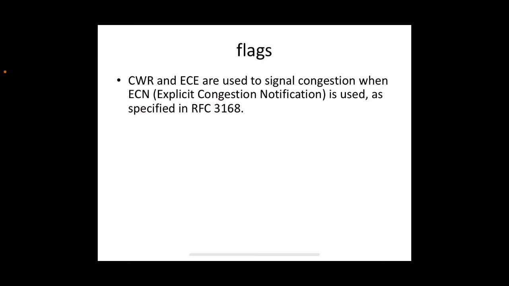The second method of understanding congestion is using explicit congestion notification. The receiver can explicitly inform the sender that there is congestion. Please slow down your transmission rate. Such a facility is also there, and that is called explicit congestion notification.